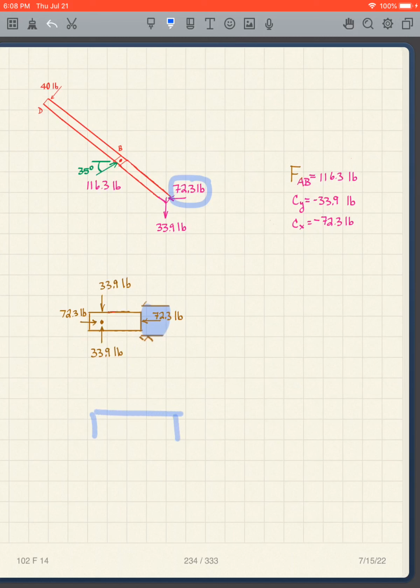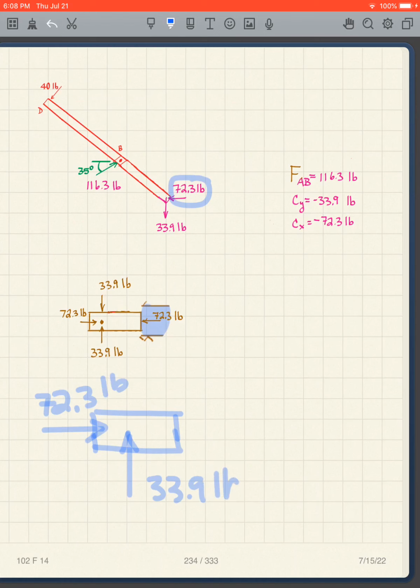So now I can do the piston. I have the 72.3 pounds here. I have the 33.9 pounds there, and then I've sort of skipped a step, but the compacted material gives me, I'll call it, an Fx, and then I have rollers for Fy.